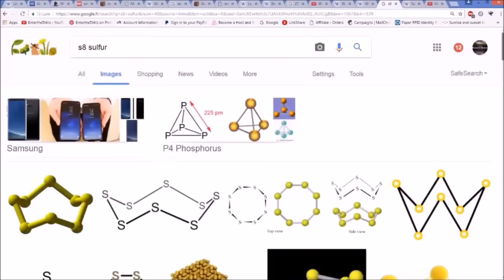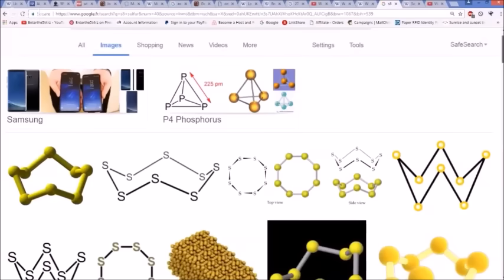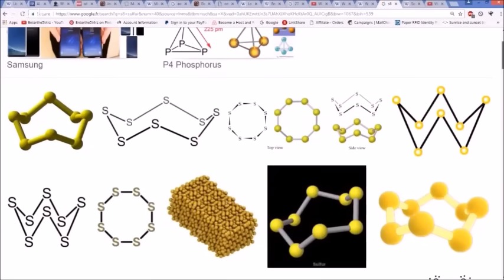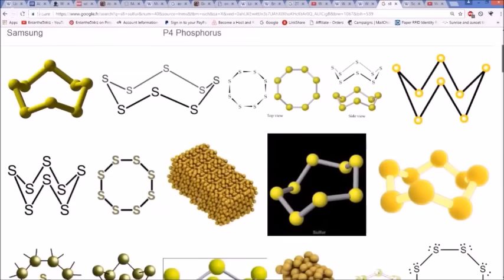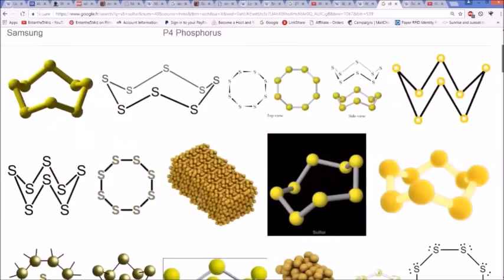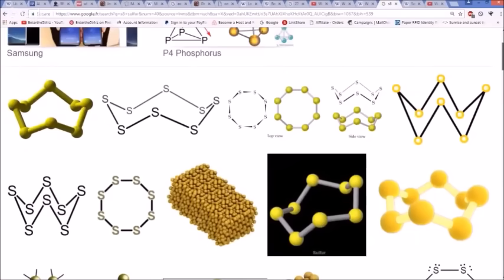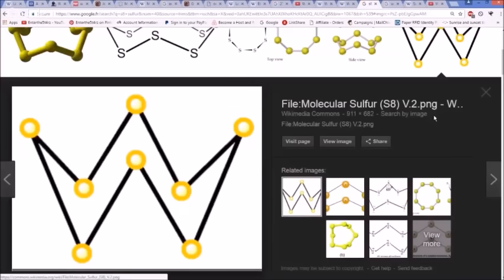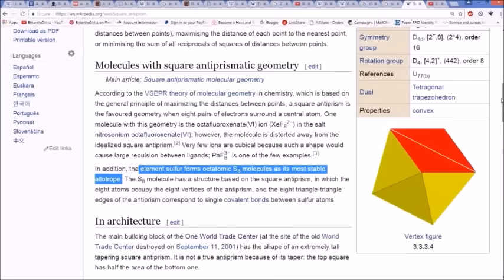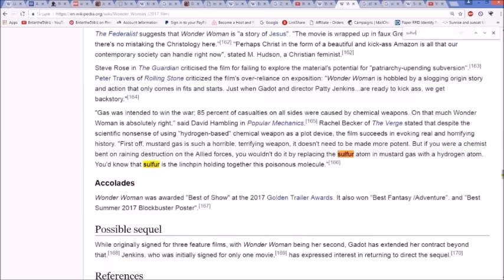Then one of you guys said the logo looks like a sulfur molecule, which looks like the One World Trade Freedom Tower.